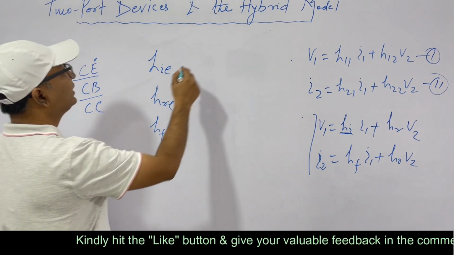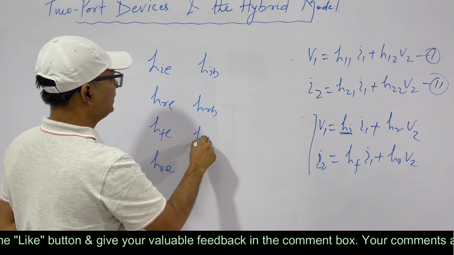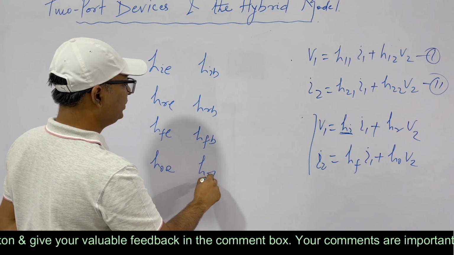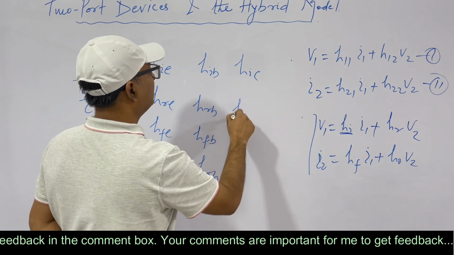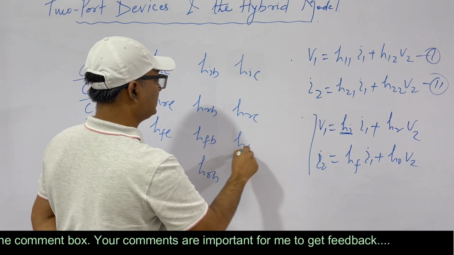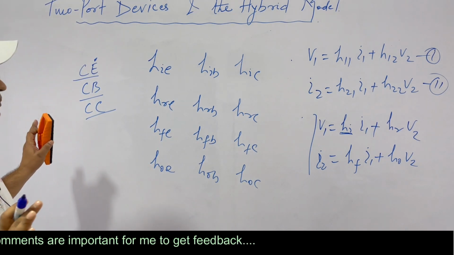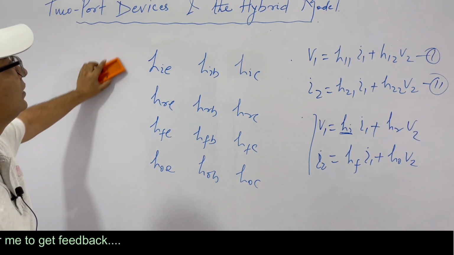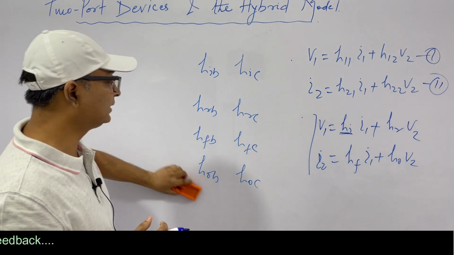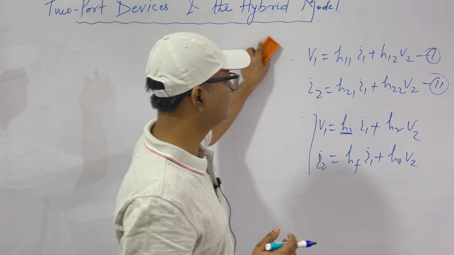In CB configuration we'll write HIB, HRB, HFB, HOB, and in CC configuration HIC, HRC, HFC and HOC. This is clear?